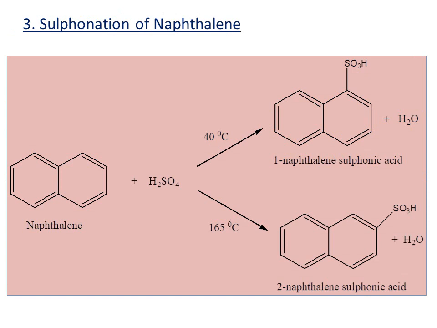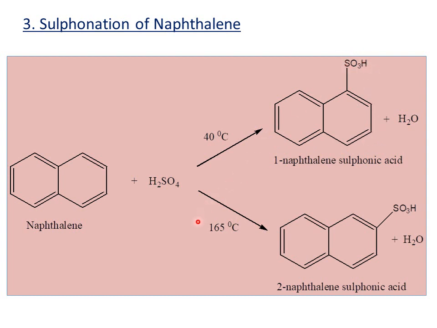The third reaction is sulfonation. The sulfonation occurs in the presence of concentrated sulfuric acid. The temperature makes a difference whether the sulfonic acid will attack at the first or second position. At normal temperature, 40 degrees, the sulfonation occurs at the first position and we get 1-naphthalene sulfonic acid.